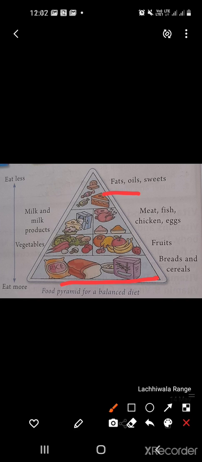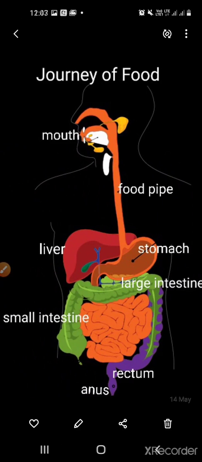Okay, so here we have studied about nutrients. There are five kinds of nutrients, which are very important for us. These are carbohydrates, proteins, vitamins, minerals and fats. Okay, so let's move into the next topic, that is journey of food, because we are discussing food and digestion.